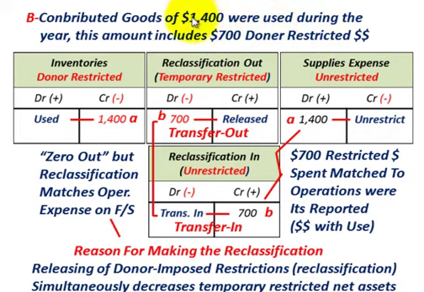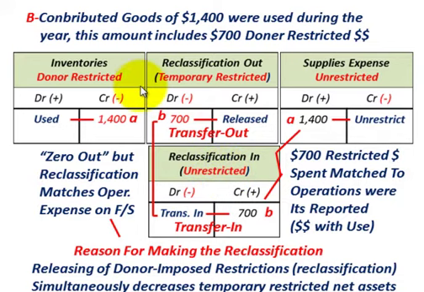So let's just say of the total $1,400 of inventory that we're going to look at, only $700 was donor restricted. Again, we're going to do the same thing here. We're going to have to do some reclassification out of the temporarily restricted funds and the reclassification in, or transfer in, for the unrestricted funds.